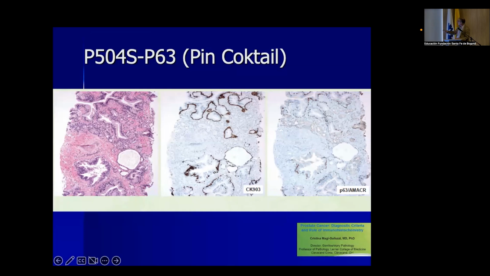The first one, also called racemase, shows here the brown color of the racemase on the tumor and not on the normal glands. And here you see the P63, the basal cells that are conserved on normal glands and absent on the pathologic one.